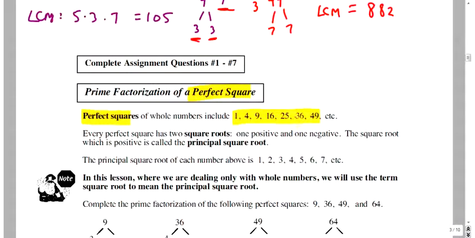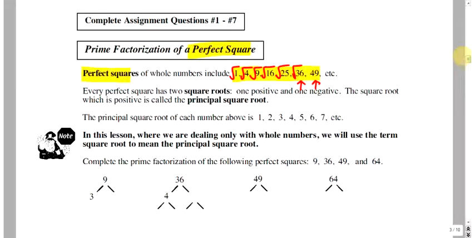If I take the square root of 36, it's a nice whole 6, and so on, and so on. These are called perfect squares. What's the square root of 1? 1. Okay? There is a number multiplied by itself that gives these. In this case, it's 6. In this case, it's 7. That's what a perfect square is.